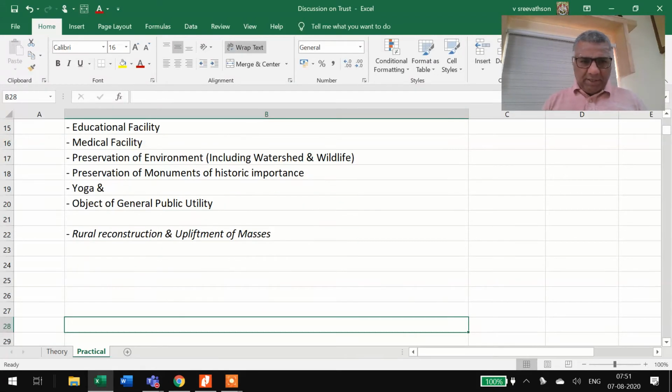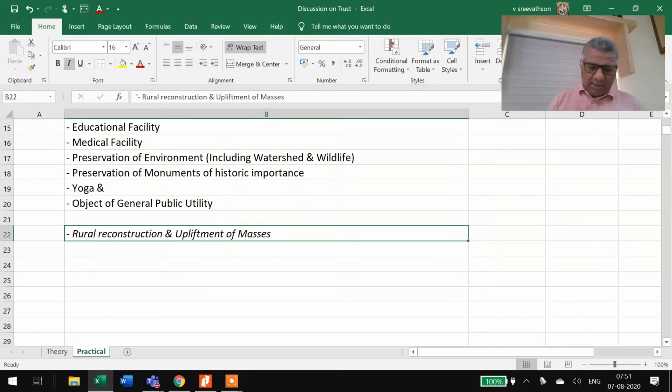Sir, it is falling under the above categories. No, sir. I don't think so. Why? What is the public utility, sir? Rural reconstruction and upliftment of masses is not for public utility.